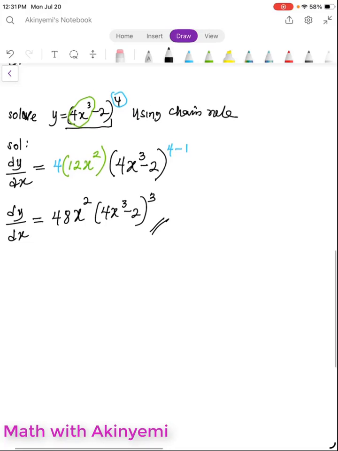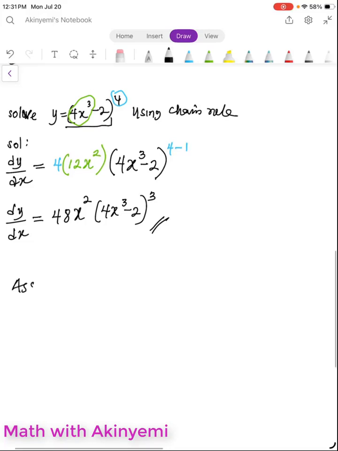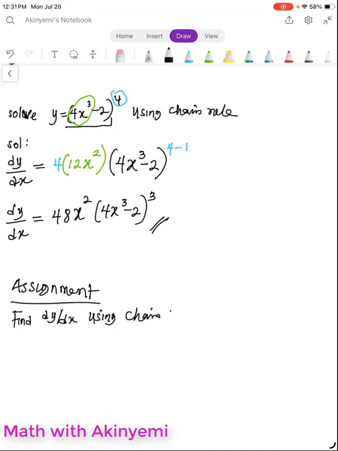So we can as well give ourselves an assignment. Find dy over dx using chain rule.